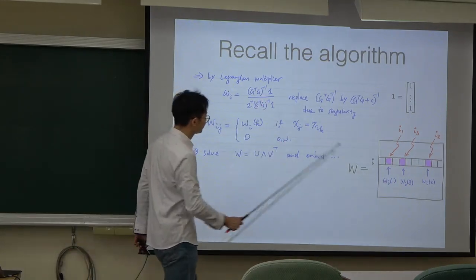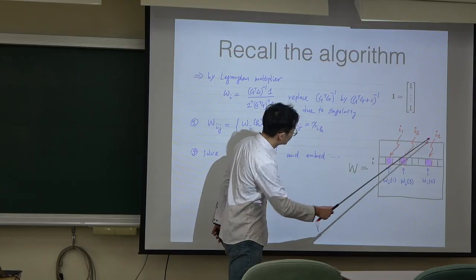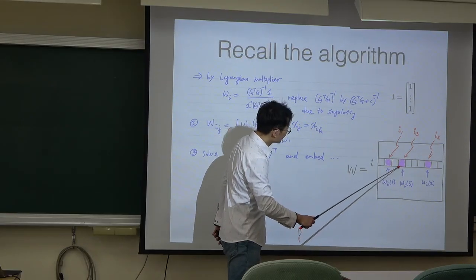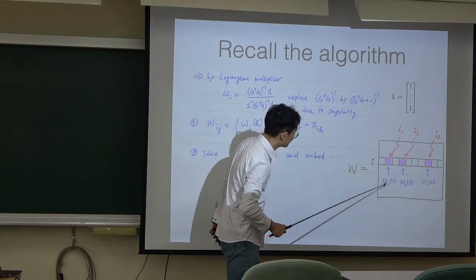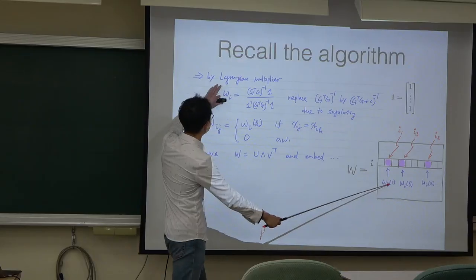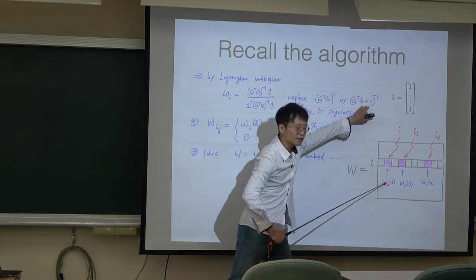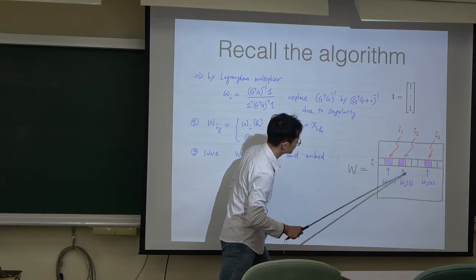So for the ith point, you have the first neighbor, second neighbor, third neighbor. For these three neighbors, we plug in Wi, which is evaluated by the Lagrangian multiplier with regularizer, and you put the first entry here, the second entry here, the third entry here.